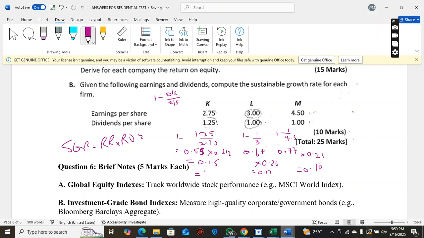So company K is expected to grow at 11.5% using its own profits. Company L is expected to grow at a rate of 17%. And company M is expected to grow at a rate of 16%.